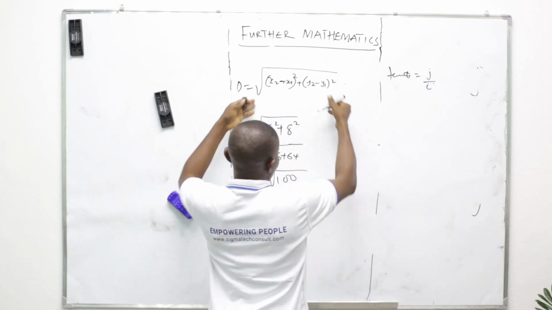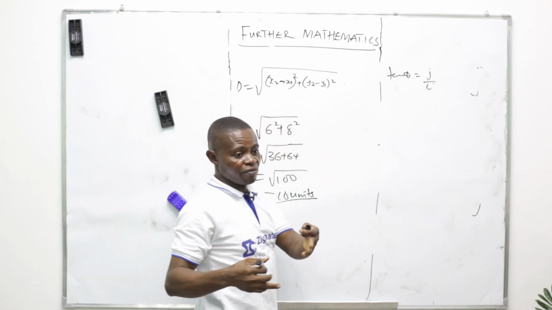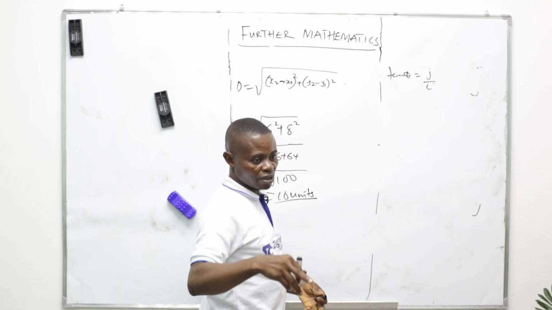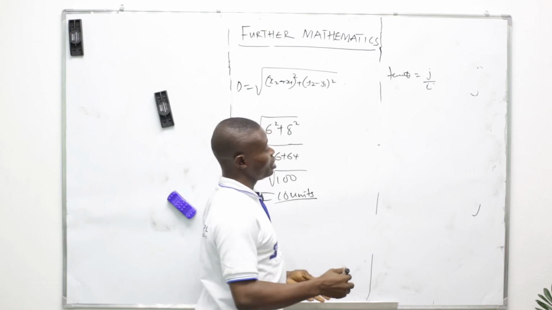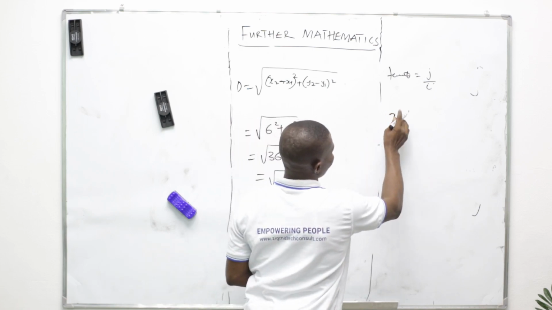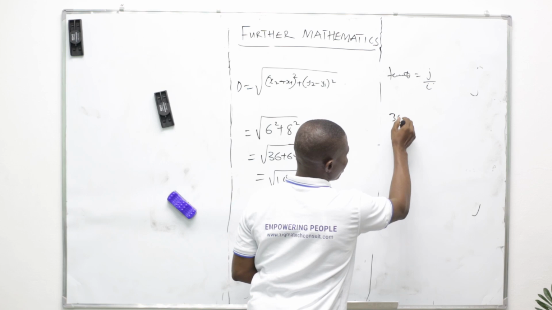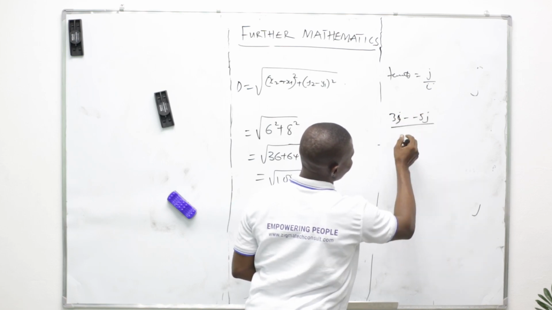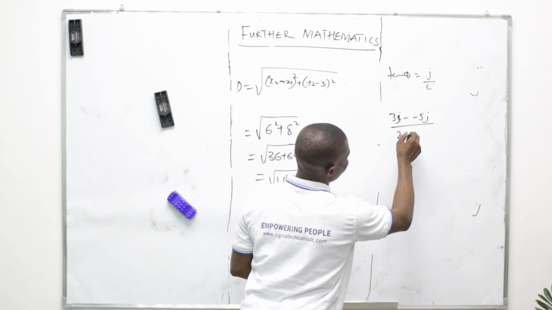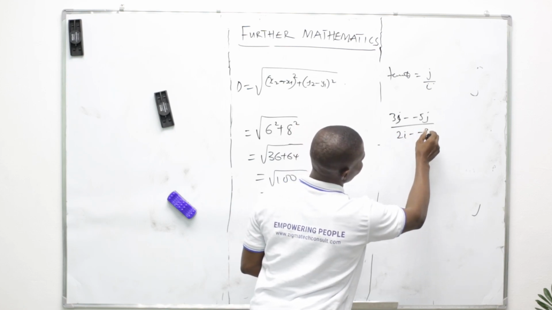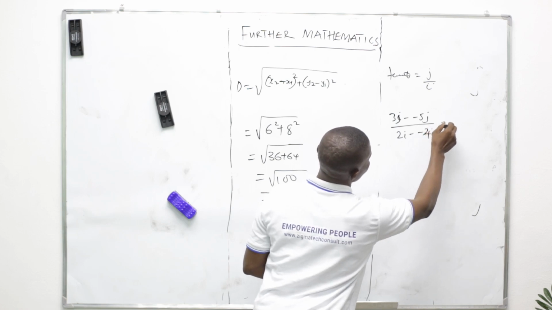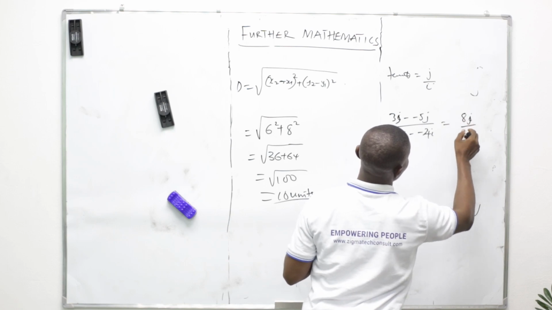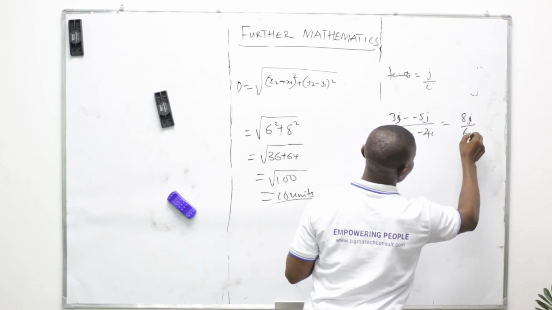Now, from here, if I want this to be a perfect vector, I should be talking about minus 4i, 5j, 2i, and 3j. 3j minus 5j all over 2i minus minus 4i will give me 8j all over 6i.